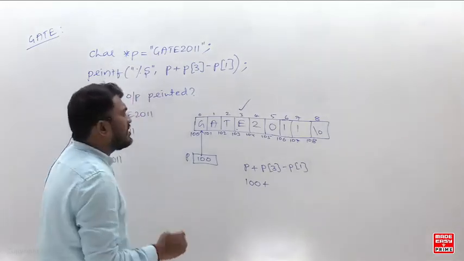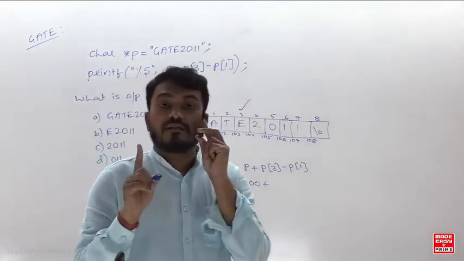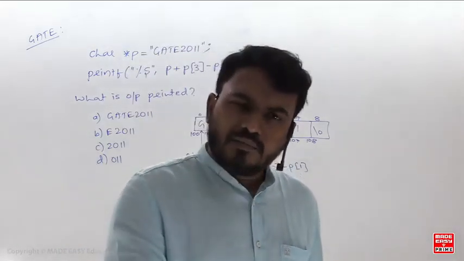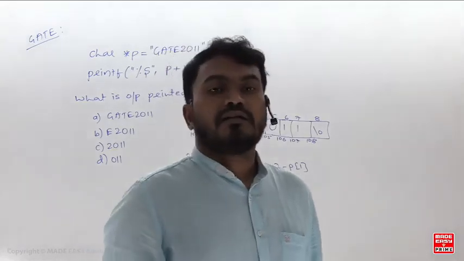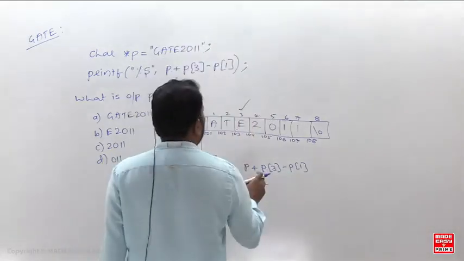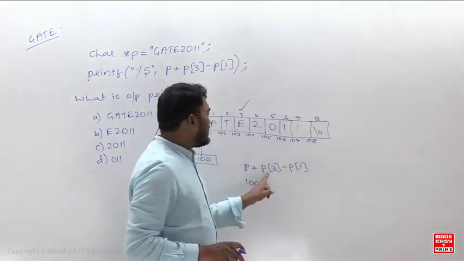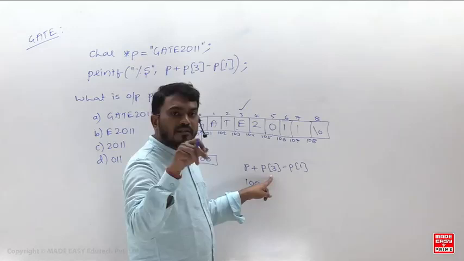I told you very clearly in yesterday's class, in the strings, in the first example only. If you are printing P of 3 with percent c, you have to print the character.